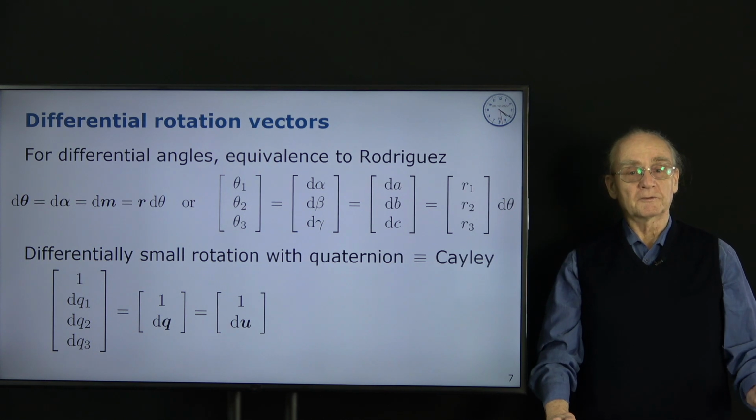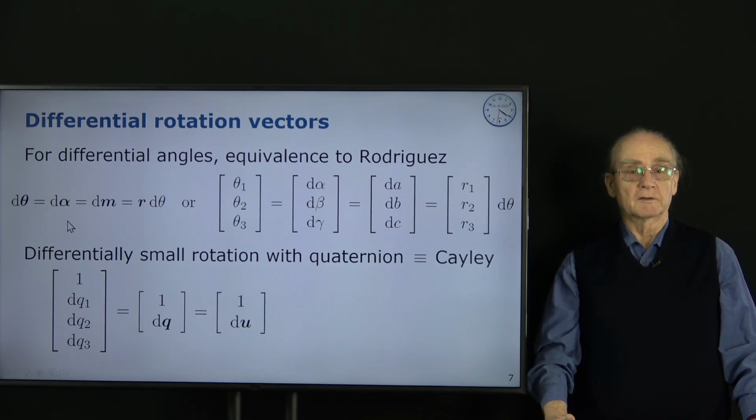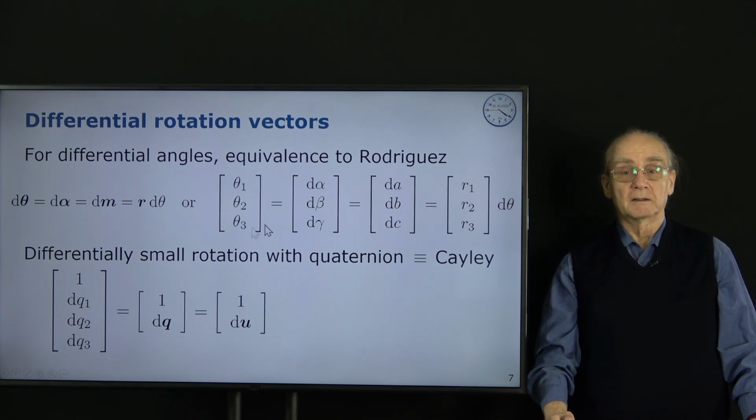That means if we have differential rotation vectors, they are closely related. We have the differential rotation vector, the differential Euler angles, the differential Rodriguez parameters, and the rotation axis multiplied with the differential angle, and they are all the same. So we can replace one with the other.